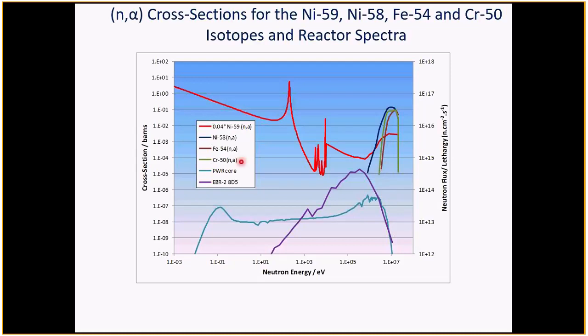The high energy N-alpha helium production for the naturally occurring isotopes tends to be dropping off at the point where we're just at the edge of the energy range for a thermal reactor. And even for EBR2, for instance. So in EBR2, this is the EBR2 spectrum.